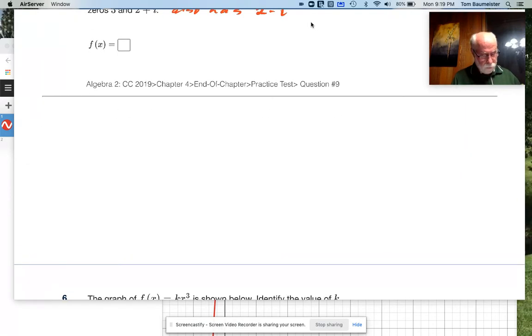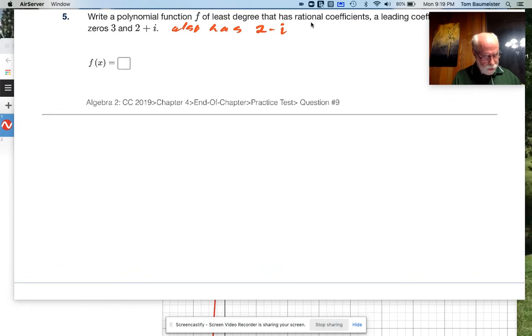So remember, what that is saying is our zeros are x is equal to 3, x is equal to 2 plus i, and x is equal to 2 minus i. All right, now remember, we're kind of working backwards, so I'm going to use the zero product property.